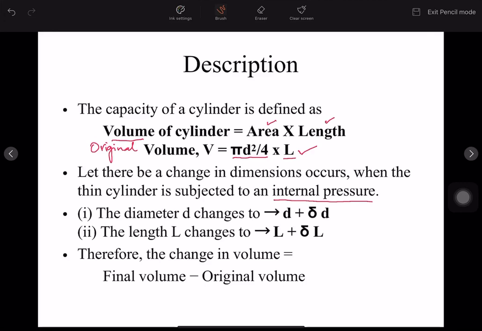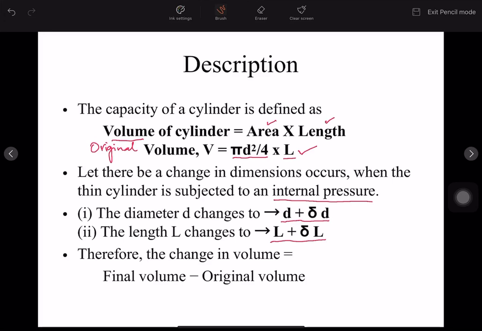The diameter D changes to D plus delta D, and the length L changes to L plus delta L. Because of these changes, there will be a change in volume.